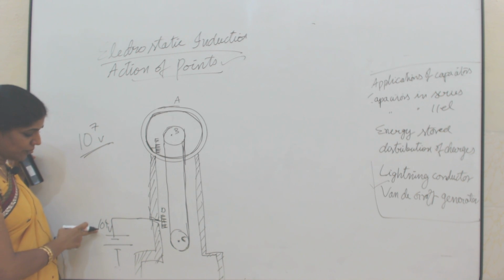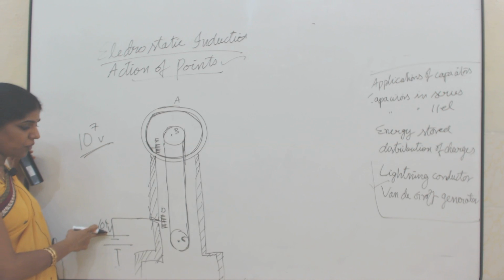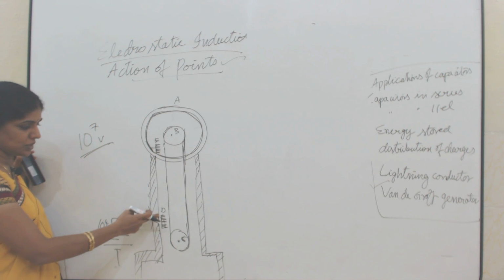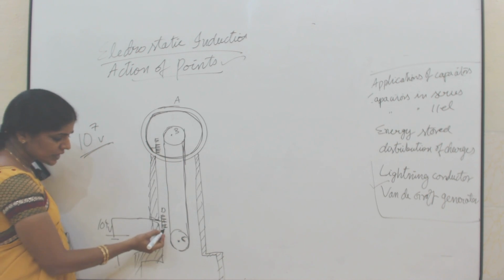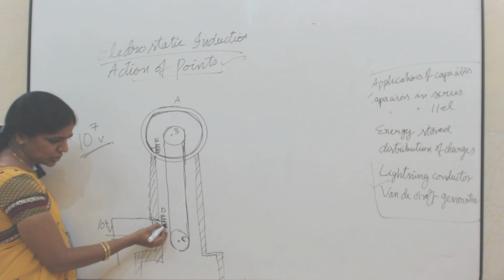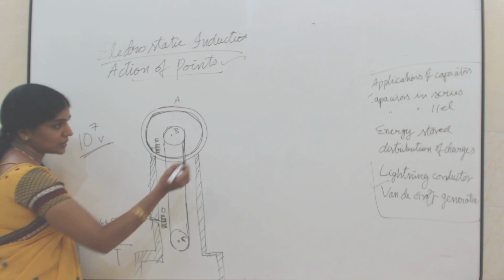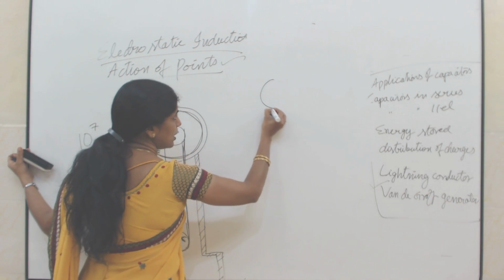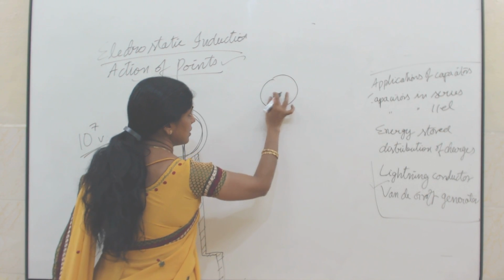To begin with, I am going to give a potential of about 10 power 4 volts to this comb shaped conductor D. Here we can draw this pulley separately.